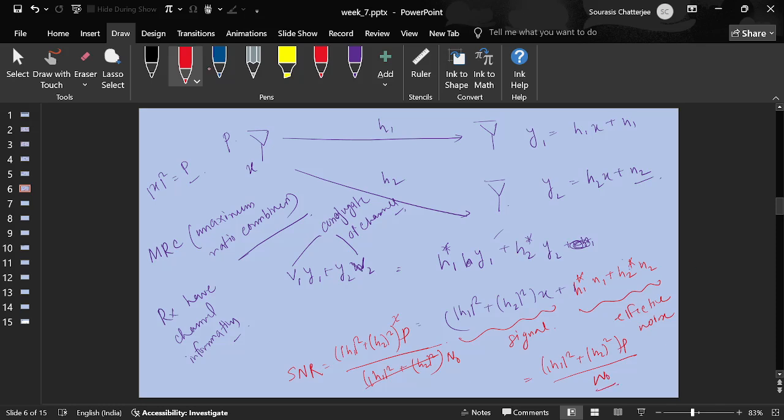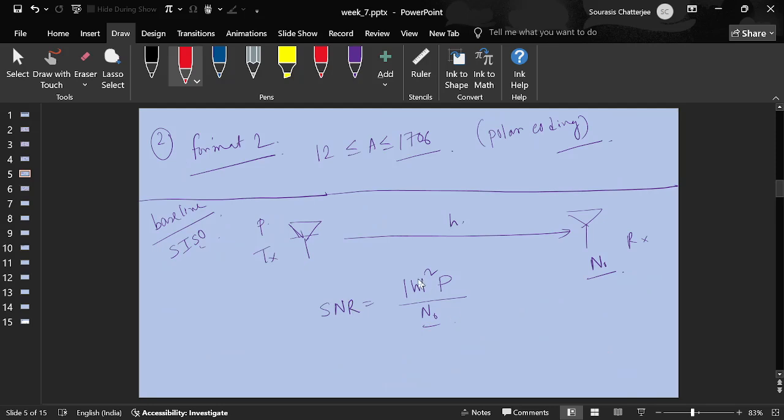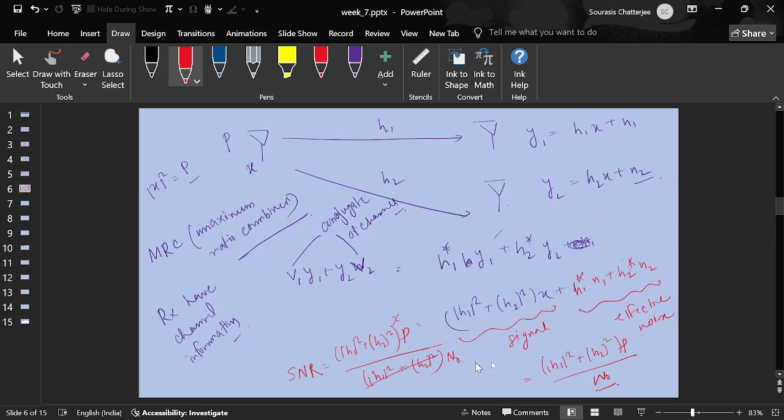Fine. So what is the difference with the SISO case here? In SISO we'll have the absolute value of H squared times P over N naught, and now when I have two antennas, I have the absolute value of H1 squared plus the absolute value of H2 squared times P over N naught. So what is the main difference here?